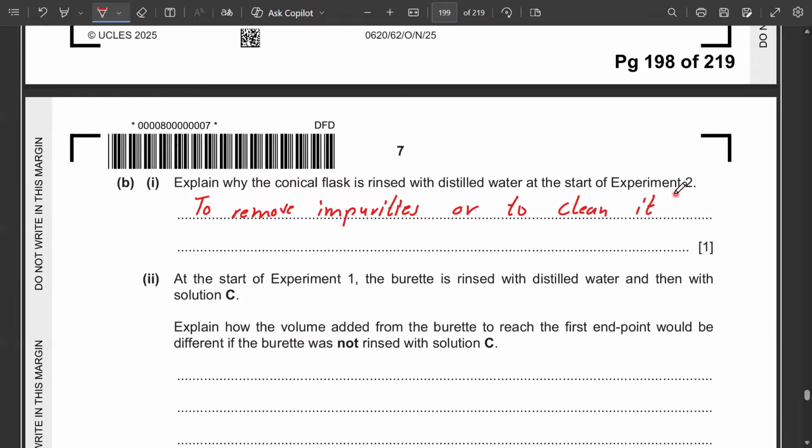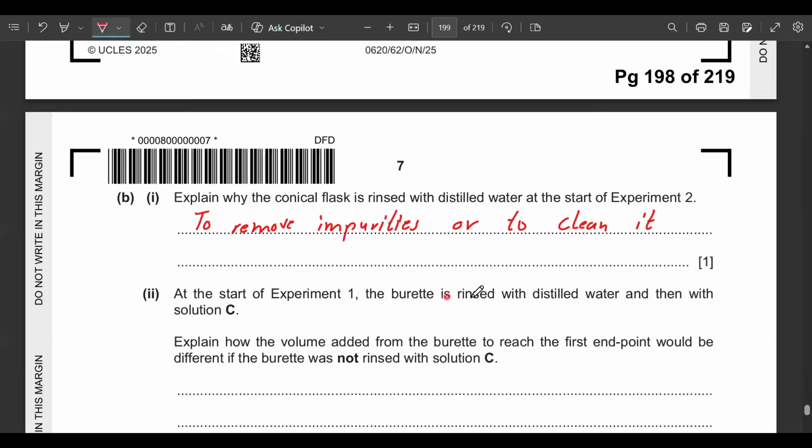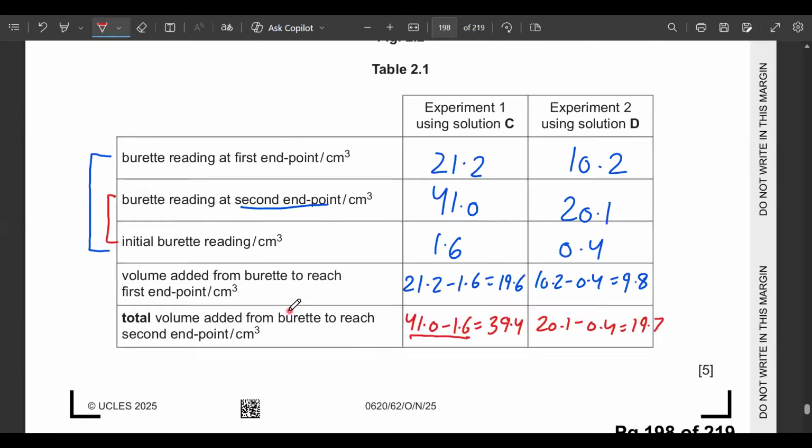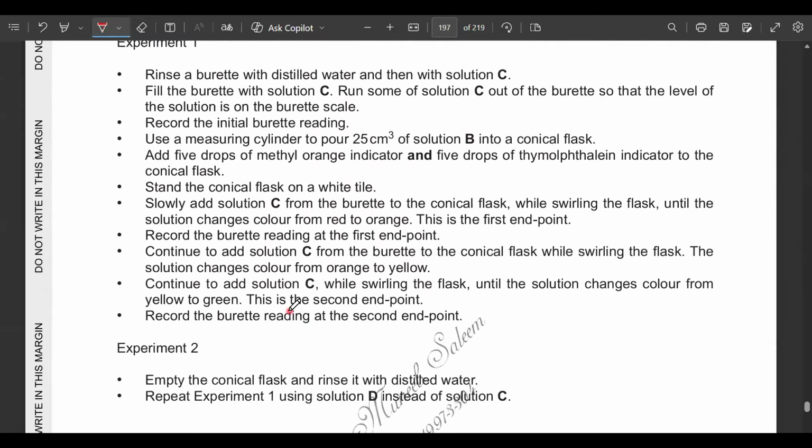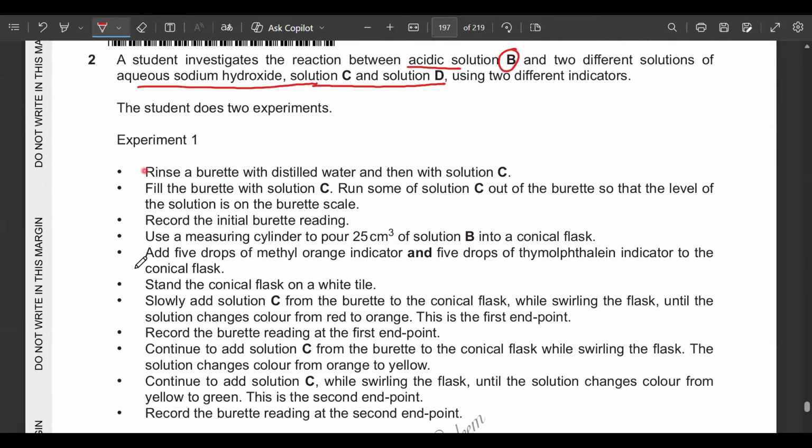Then next part, at the start of experiment 1, the burette is rinsed with distilled water and then with solution C. Explain how the volume added from the burette to reach the first endpoint would be different if the burette was not rinsed with solution C. If we go back to the procedure of the experiment, this is called the procedure, in which the steps are mentioned.